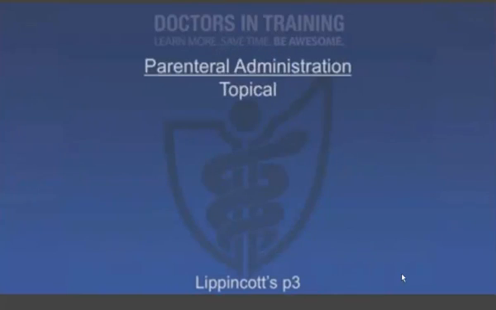There's topical administration, which is very important. Again, we're looking for action right at the site of administration. So you put the cream on the skin because you want the cream to act right there where you're putting it. So we talk about skin. There are creams, ointments, lotions, and pastes that are used to administer drugs right to the skin. Other types of topical administration that are not listed in Lippincott's include eye drops or ear drops.